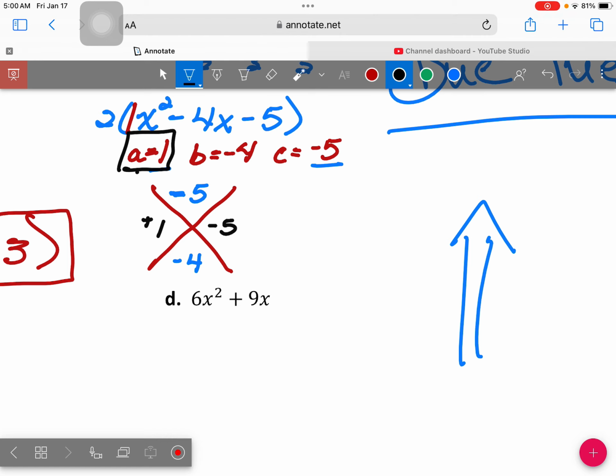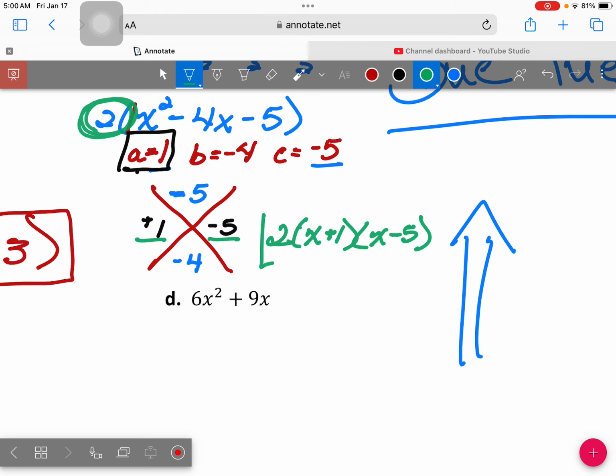But don't forget, we factored out a 2 at the beginning. So that is 2 times x plus 1 times quantity x minus 5. And there is your factorization.